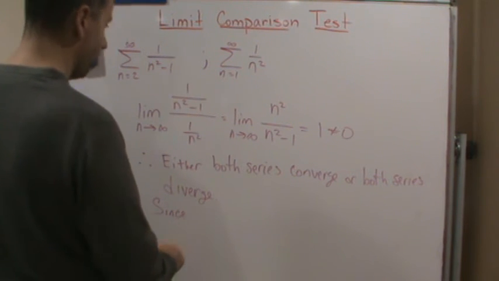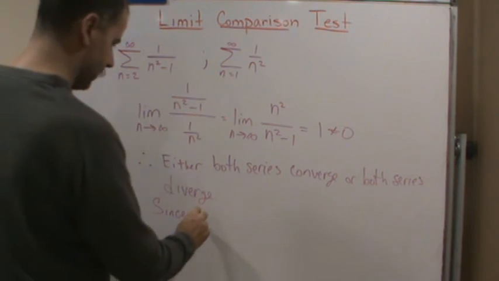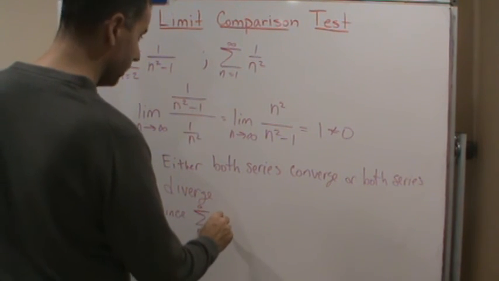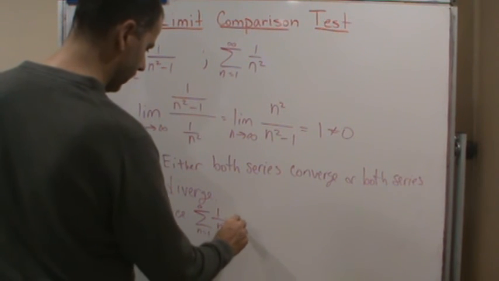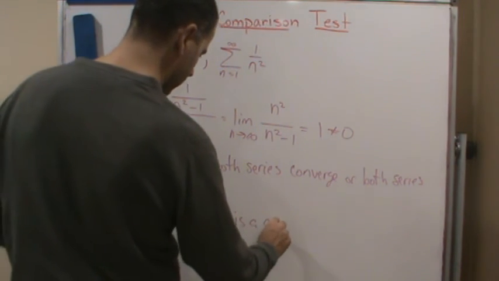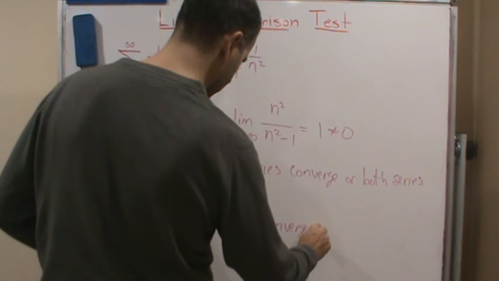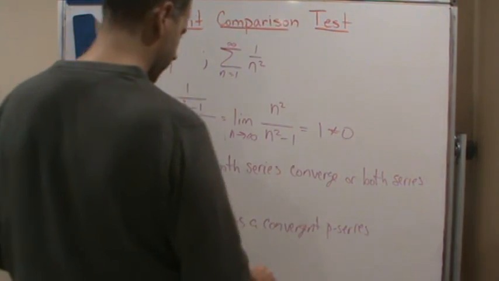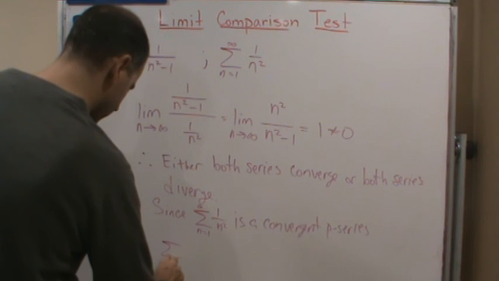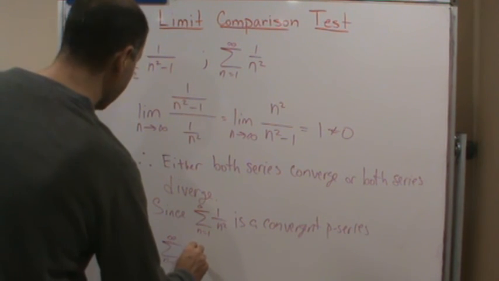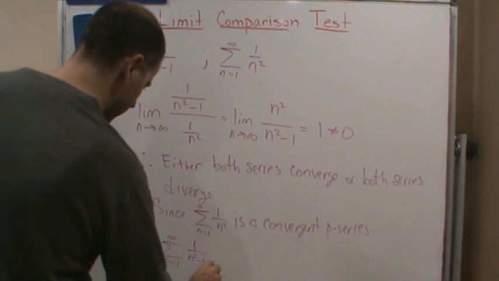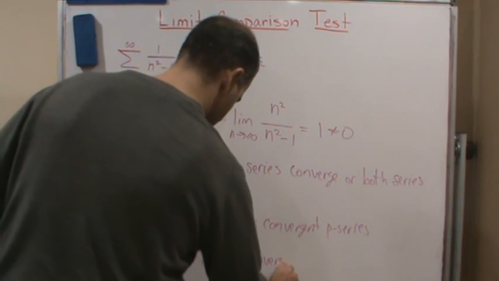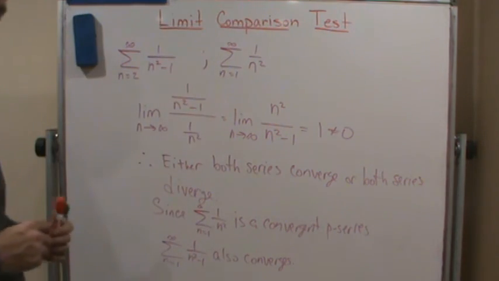Since the series n equals 1 to infinity of 1 over n squared is a convergent p-series, the series n equals 1 to infinity of 1 over n squared minus 1 also converges by the limit comparison test.